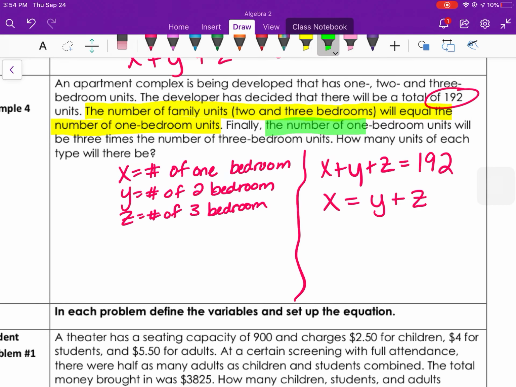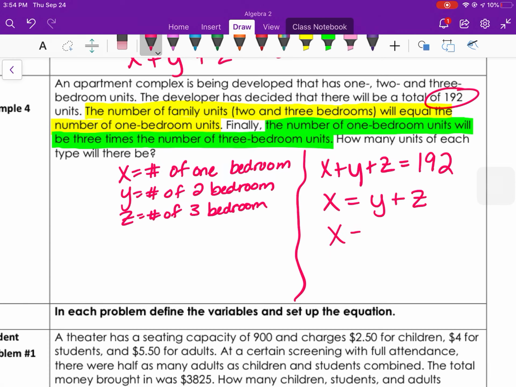So x equals y plus z. And then the number of 1 bedrooms will be 3 times the number of 3 bedrooms. So there'll be a lot of 1 bedrooms. The 1 bedrooms will be 3 times the 3 bedrooms, so 3z. So if there's 1 3 bedroom, there's 3 1 bedrooms. That's kind of a tongue twister.